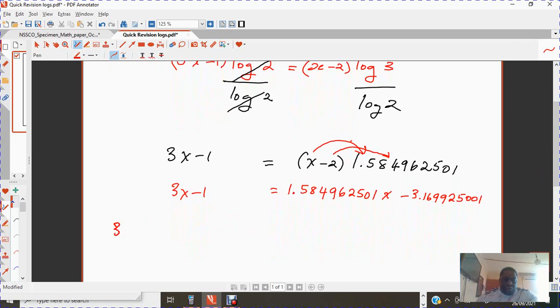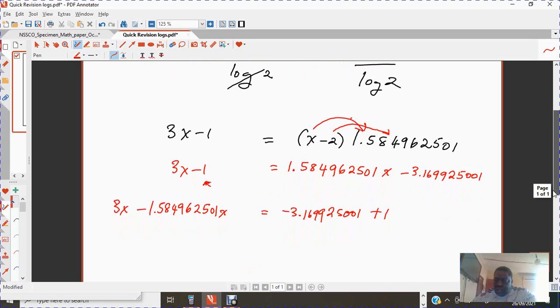The objective is for us to collect our like terms. So 1.584962501x should join its friend, and negative 3.169925001 you add 1. You have the x's together, and then the numbers together.